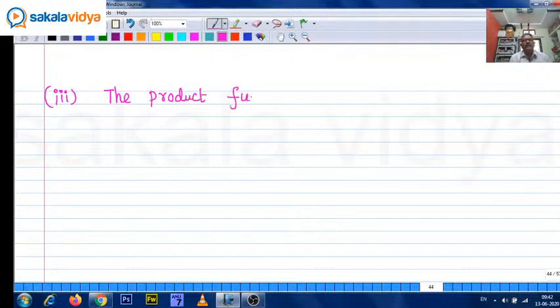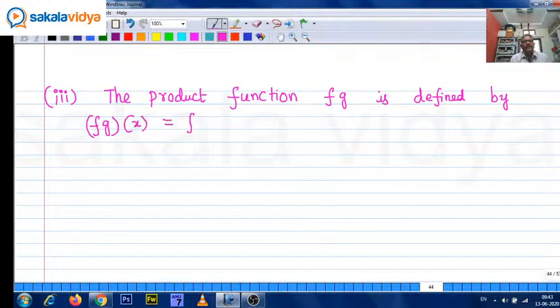The product function fg is defined by fg of x equal to f of x times g of x, f of x multiplied by g of x.